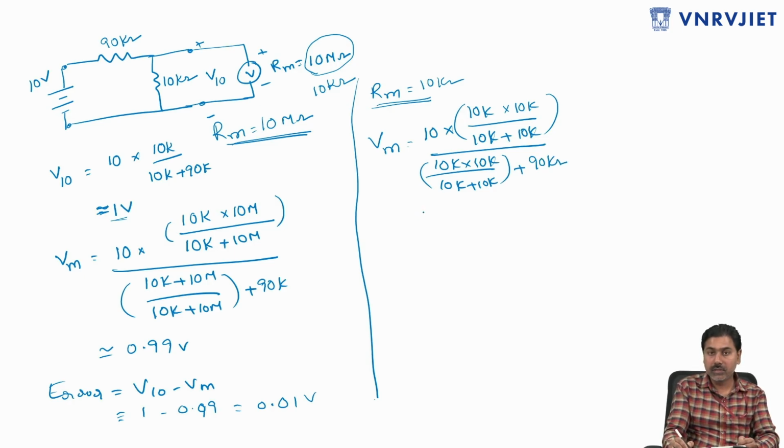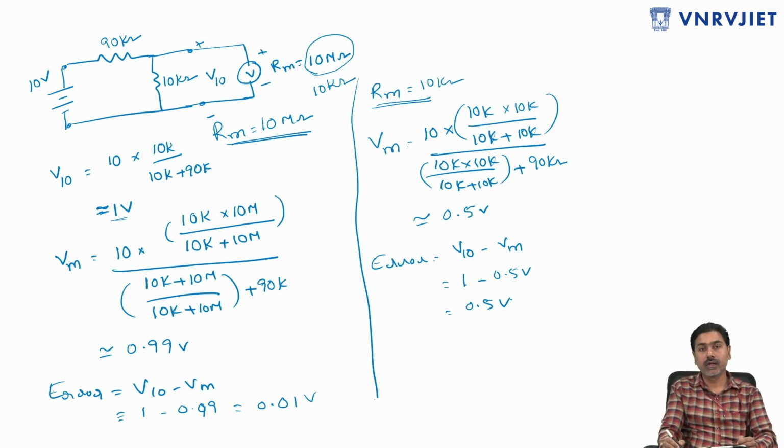When we calculate this, we get approximately 0.5 volt. So now we see the voltmeter reading is 0.5 volt instead of the actual value 1 volt. Therefore, the error V10 minus Vm is equal to 1 minus 0.5 volt, that is 0.5 volt. The error is 0.5 volt.